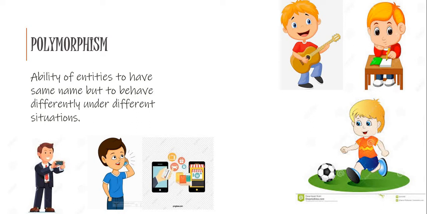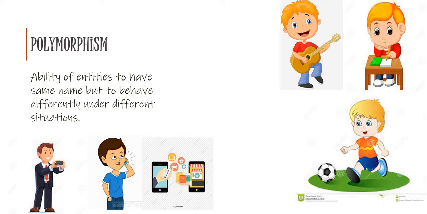So we can say that it is performing three different functions under the same name. If I call this a child, because it's a small boy, then the small boy is performing the work of three different experts at three different points in time.